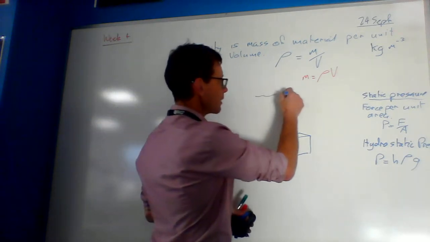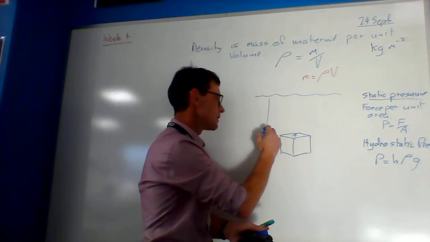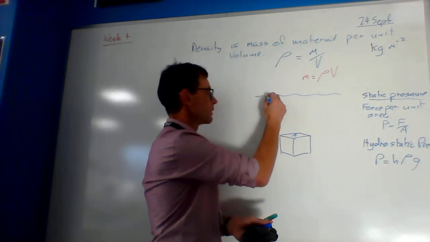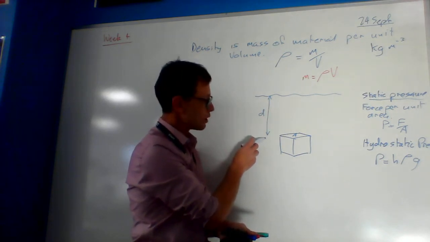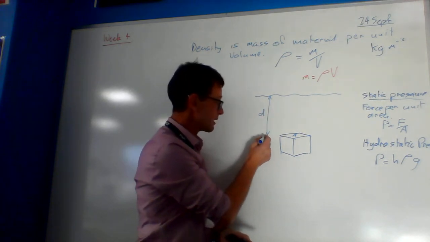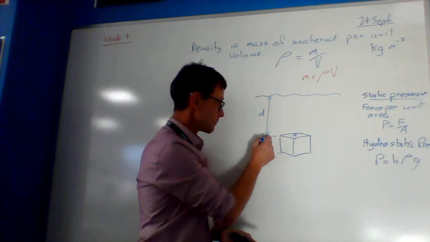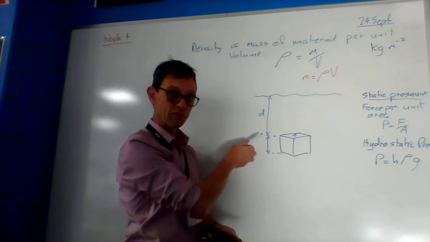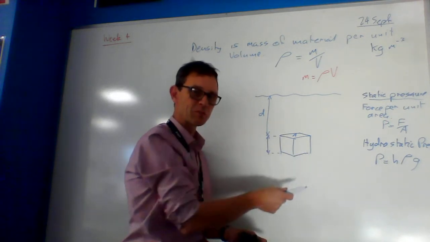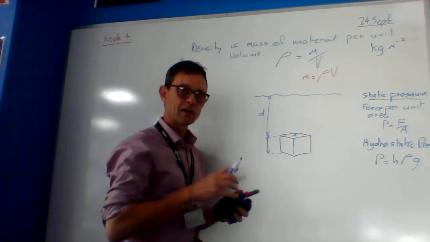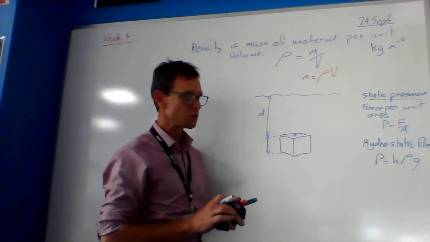And what's happening is, because it's a certain distance down, and because it has a certain height, the bottom of the cube is further down, so there's further pressure. Because there's a difference in pressure, you end up with that lift being created. So, can we do the math? Nice and straightforward, actually.